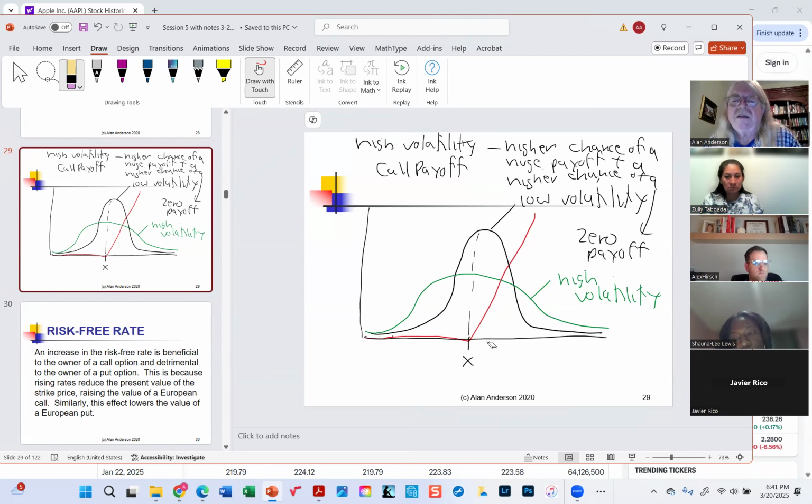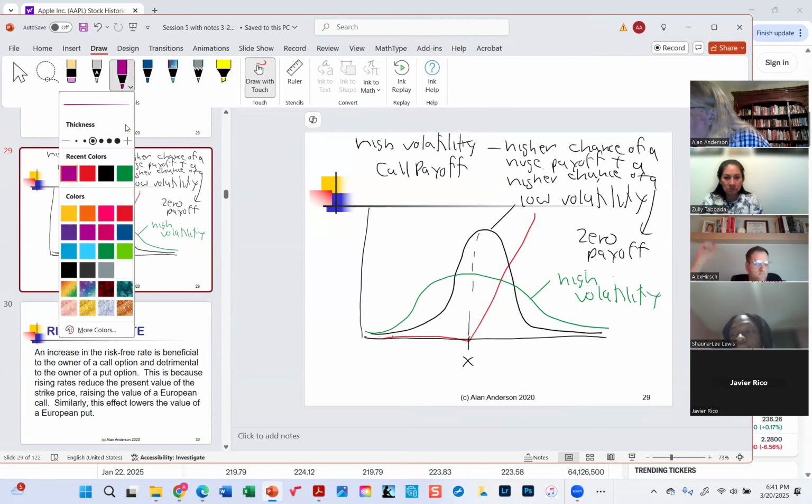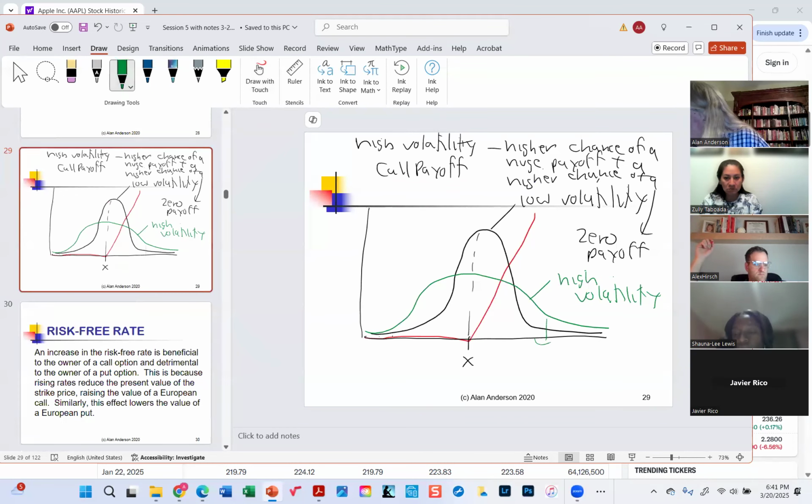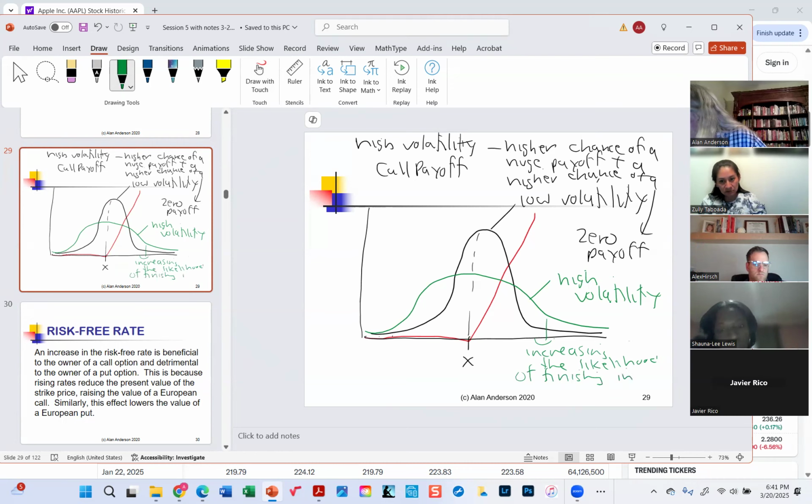So with this red payoff profile, the idea here is that the high volatility is increasing the likelihood of finishing in the money. But it also increases the likelihood of finishing out of the money compared to the black curve.